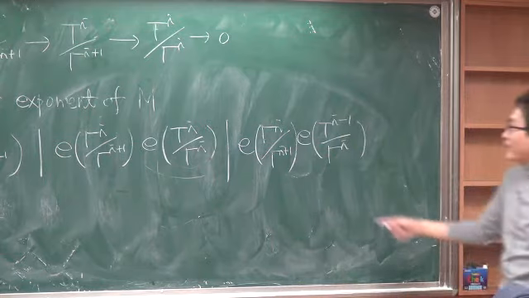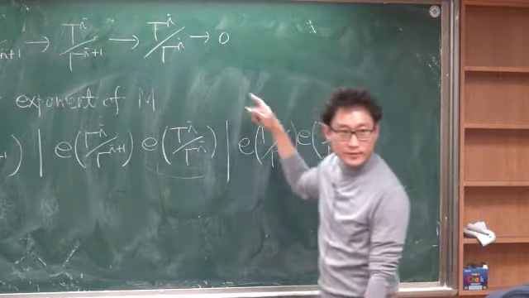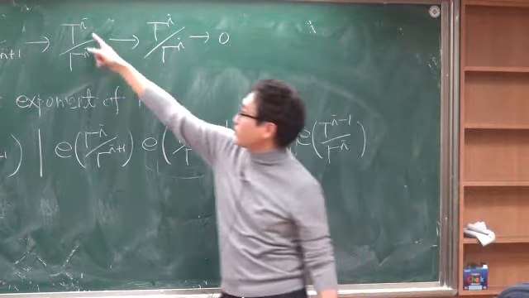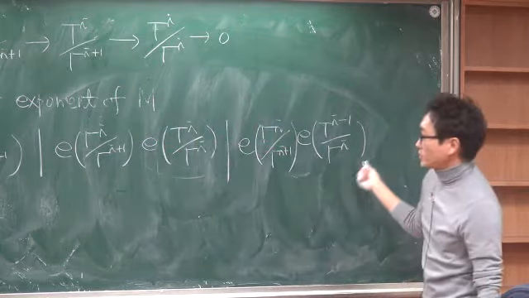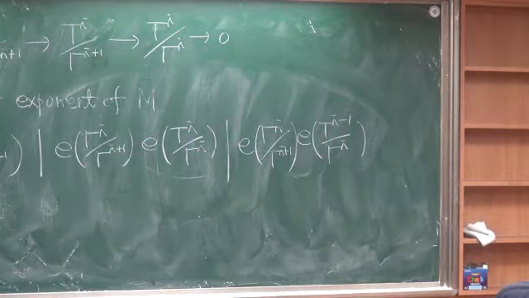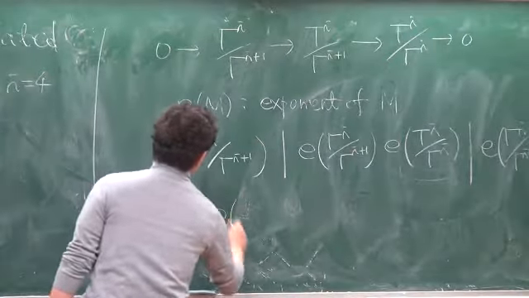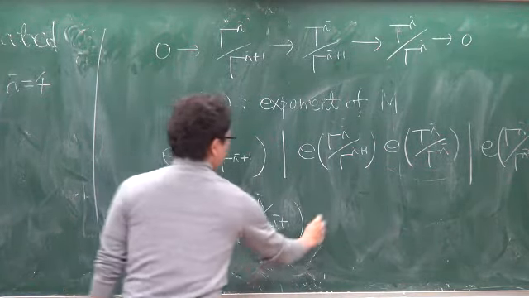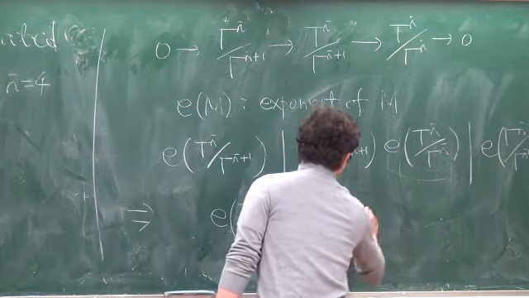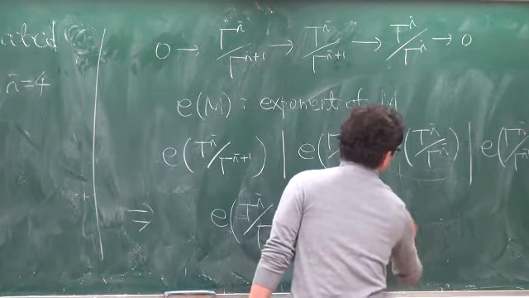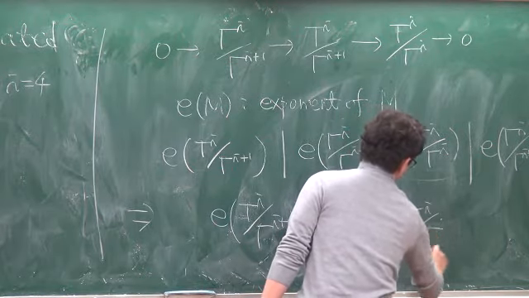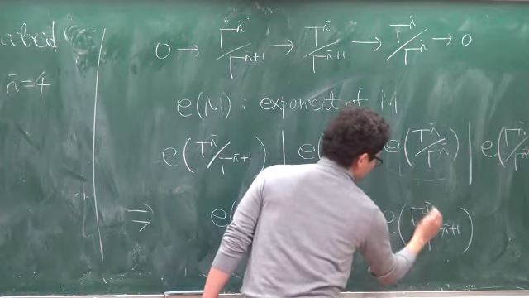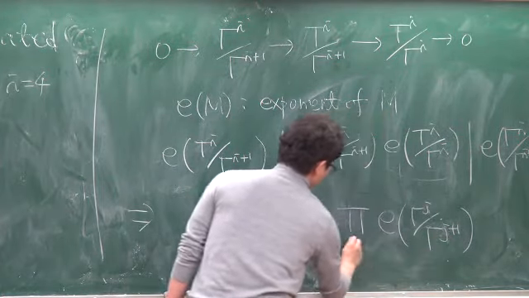Now we can apply the above exact sequence recursively because we have the same form here. When i is i minus 1, then we have this. So the exponent of this divides the product of the exponents of the gamma filtration; let me use another index, j.